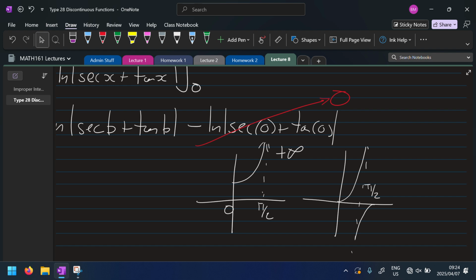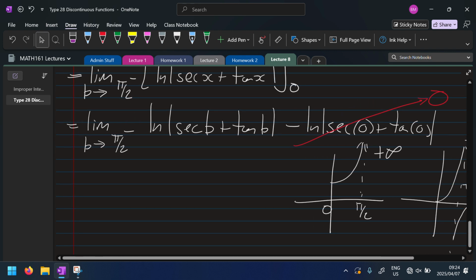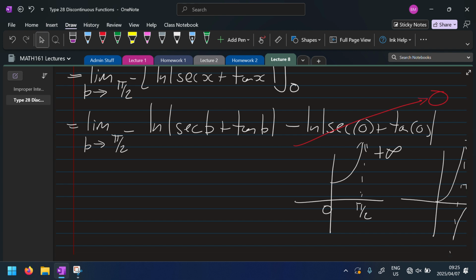So with pi over 2 minus, we're on this left-hand side, it's going to go to plus infinity. If you were on the other side, you would end up with infinity minus infinity. That's a whole other problem. But the first one goes to infinity. The second one also goes to infinity. So that whole inside part goes to infinity.